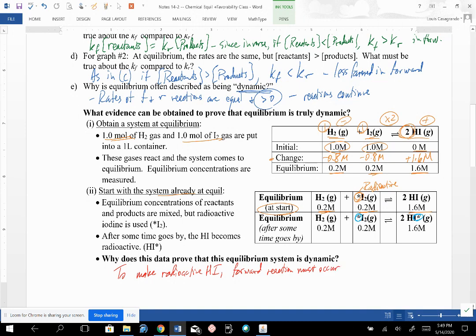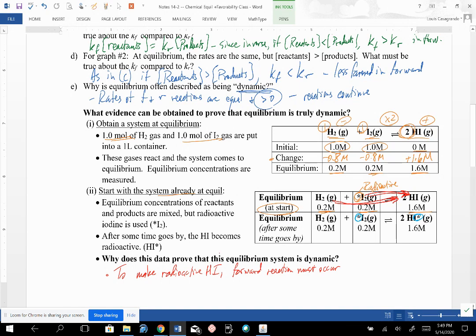Otherwise, we're never going to make any HI that has that radioactive iodine in it. So the forward direction must occur. So we're going to use up I2, but we're also going to use up H2 because you can't make HI without using both the H2 and the I2. All right, so the forward direction is occurring.